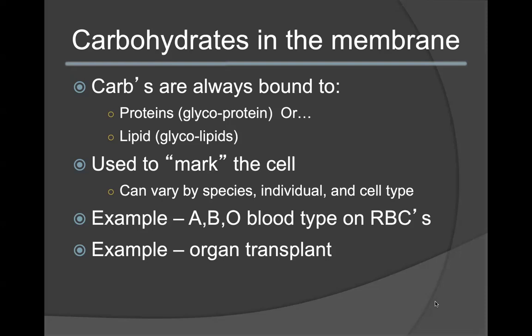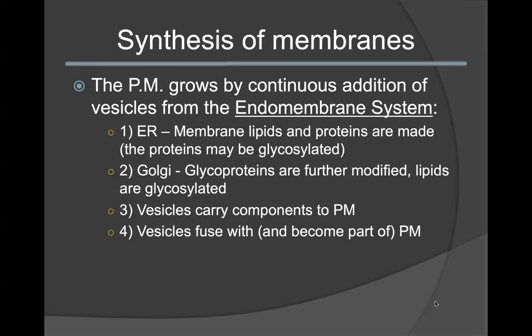Another important component is to have the patient undergo immunosuppressant therapy. This is to suppress the host's immune system so that way the organ will not be rejected, meaning that the host's immune system won't attack the organ and deem it non-functional in the body. This is all simply due to the presence of the carbohydrate chains on the cell membrane itself.